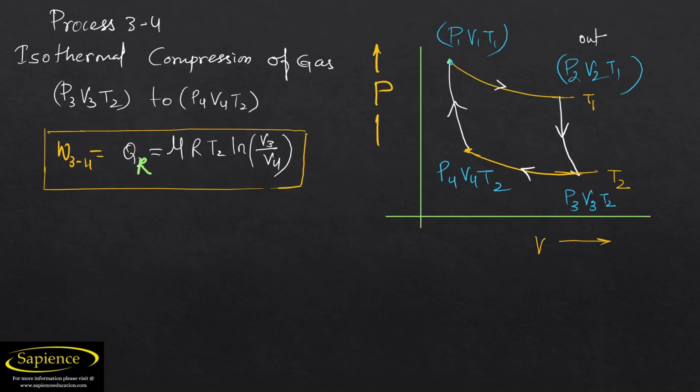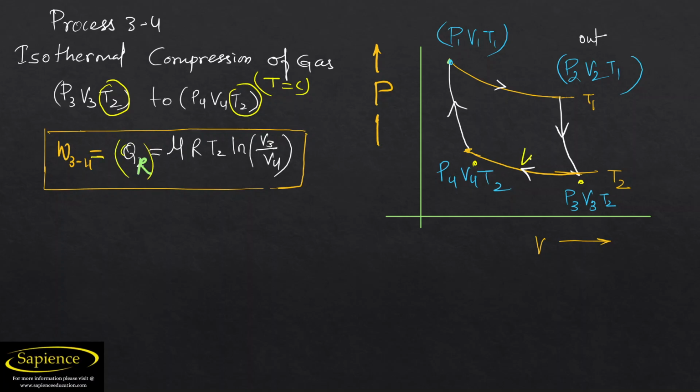Now let us talk about the process 3 to 4. What actually happens in 3 to 4? See here, 3 to 4 is just a compression process. But the temperature will remain constant, so the initial temperature was T2 and the final temperature was T2. There will be work done inside this. So the work done is also equal to Q rejected.